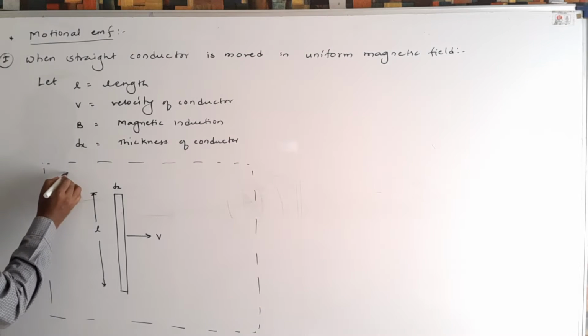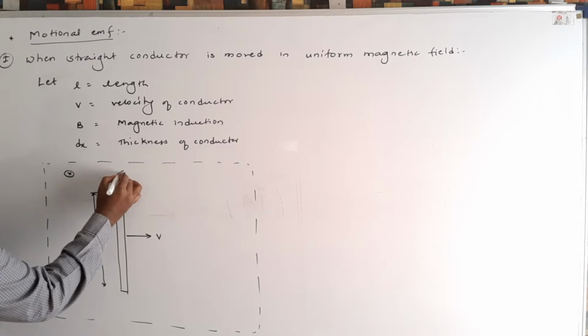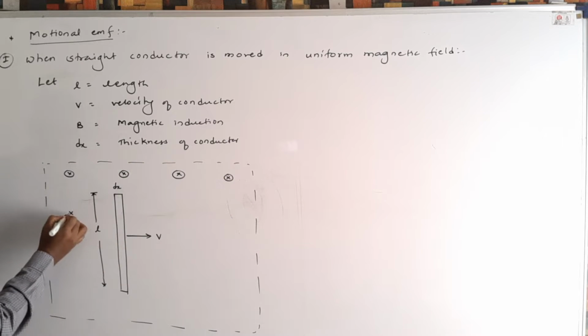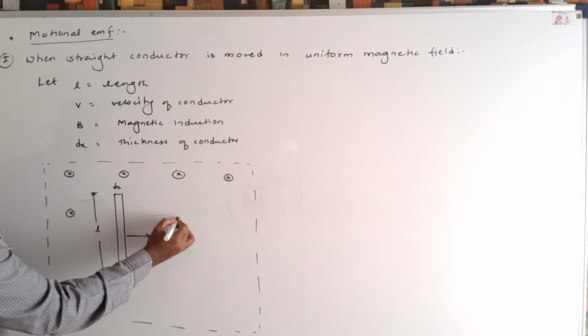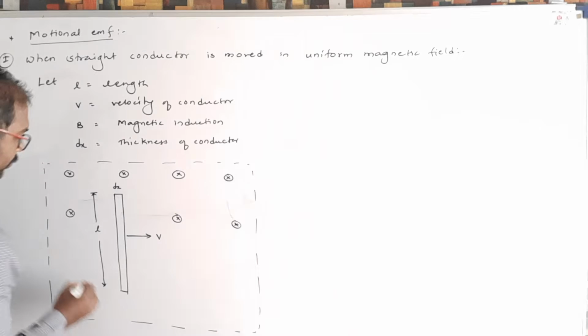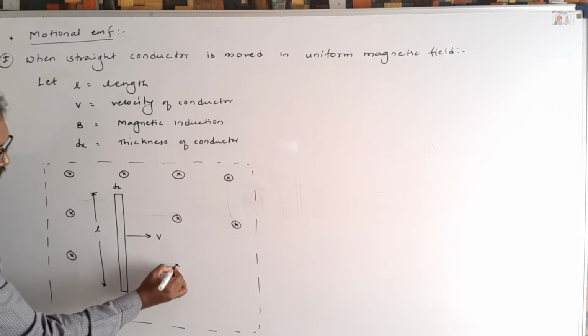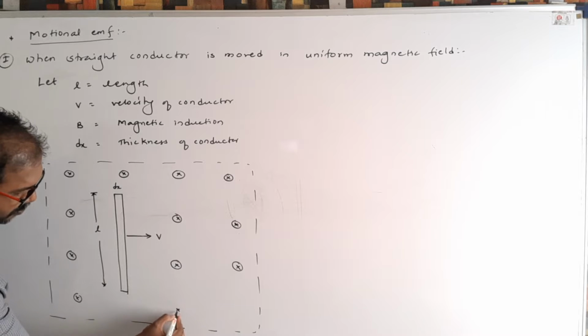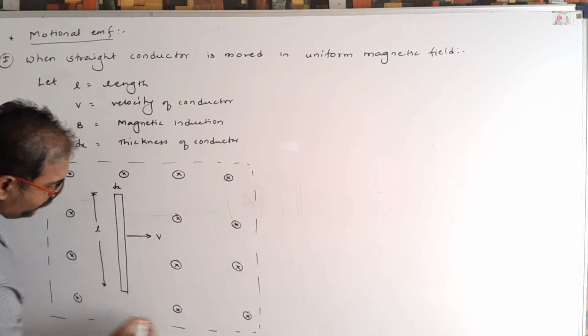Let me show the magnetic field also by this type of signs. So the direction of the magnetic field is like this, in the plane of the paper. Okay.